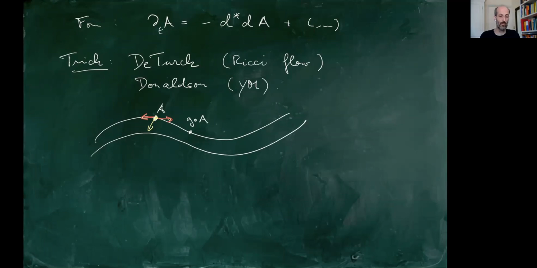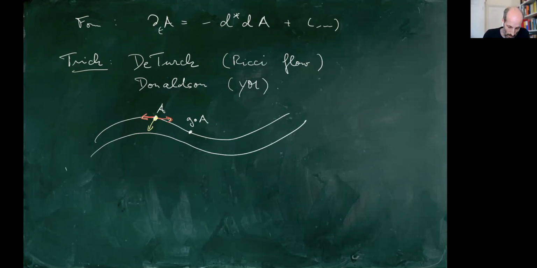And then you would want to add to the right-hand side of your equation some term which at every time t belongs to the tangent space of the gauge orbit at A. Right? So the hope then is that you can do that in such a way that the equation you get in that way is actually elliptic or parabolic. It's a time evolution, so that the right-hand side is elliptic.